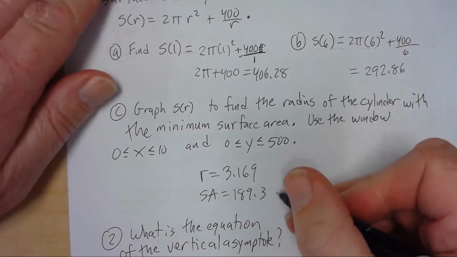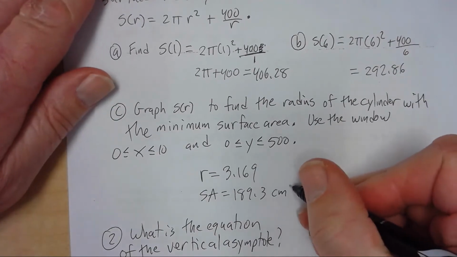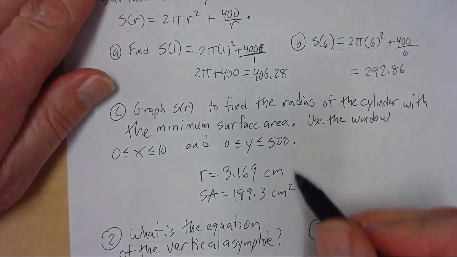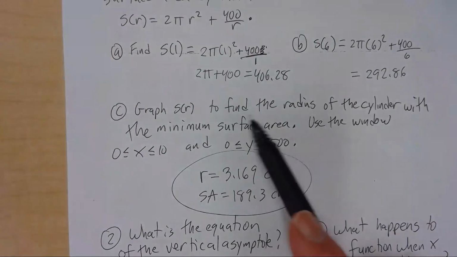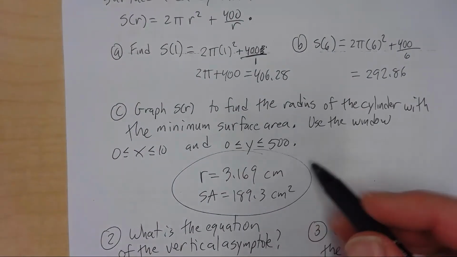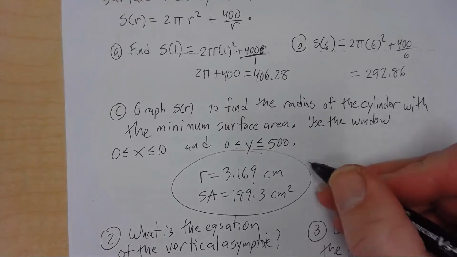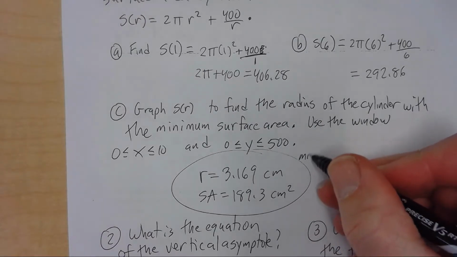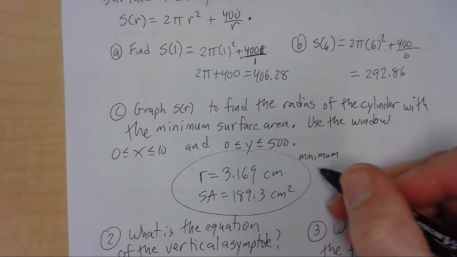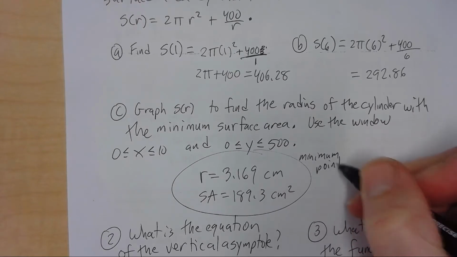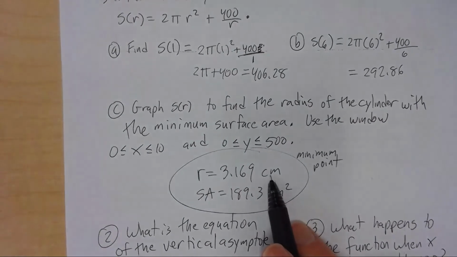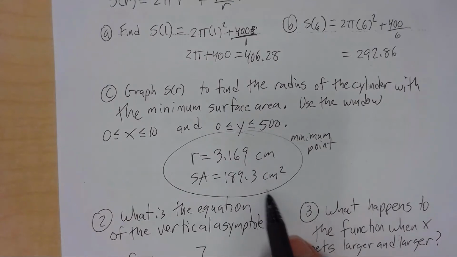And that would be centimeters squared, and this would be centimeters. So it says find the radius. So I found the radius. So this is the minimum. Okay, so I found the radius, and then that would be the surface area that matches with it.